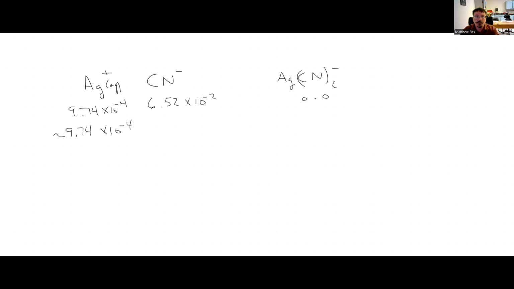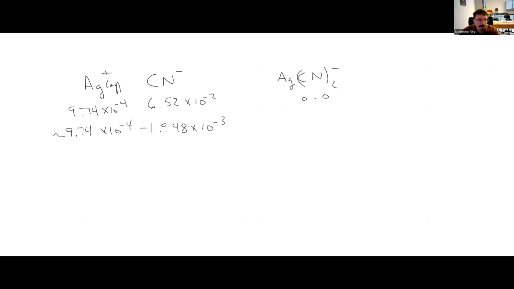Well, there's a 2 to 1 ratio of cyanide to silver, so we should be able to react away 2 times that here. So 2 times the 9.74 times 10 to the negative 4 is 1.948 times 10 to the negative 3.